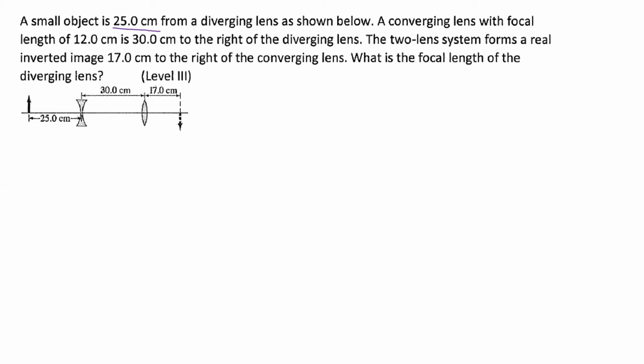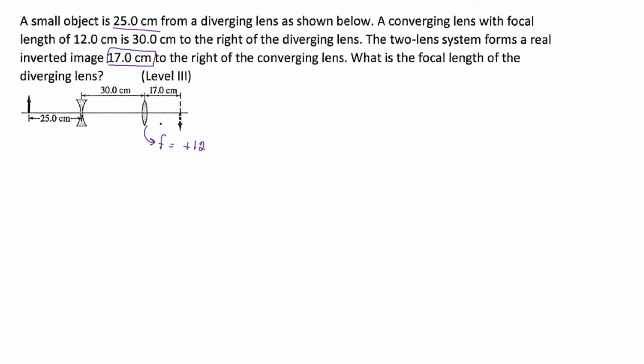So this length is 30 and the focal length of this lens is plus 12 because we know converging is plus. The two lens system forms a real inverted image 17 centimeters to the right of the converging lens.